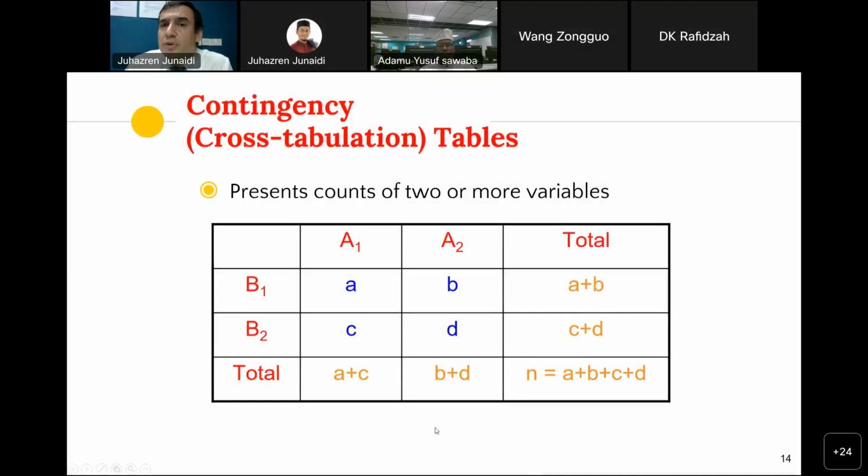When we are going to build a contingency cross-tabulation table, we are putting the counts of 2 or more variables in a comparison, okay? So the events A1, A2, the events B1, B2, and then we are giving it like this. Why is this important? Because cross-tabulation is very important for descriptive analysis.